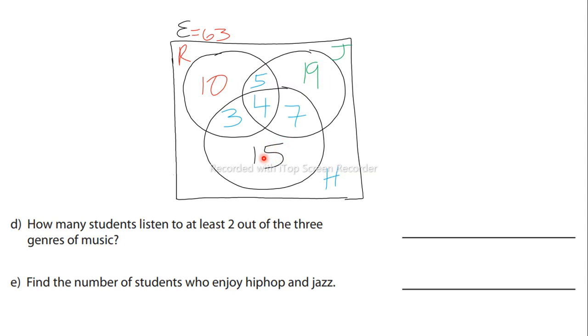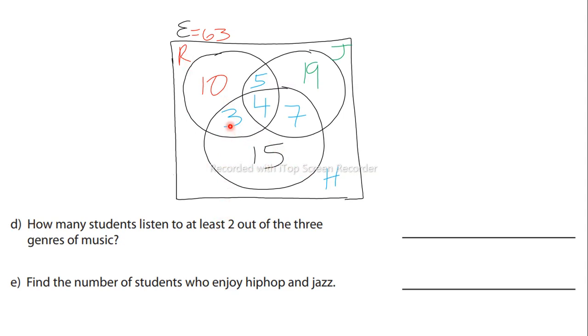So 3 is for people who enjoyed rock and hip hop. This 3 tells us they enjoy both rock and hip hop, so that's at least 2.